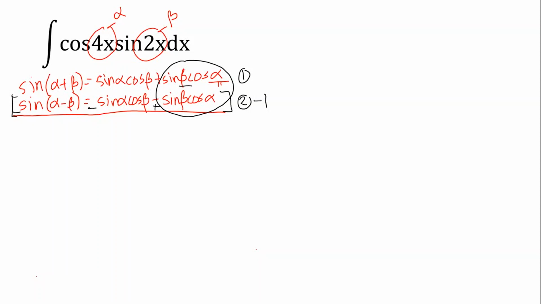So then we can finally add. We can say sine alpha plus beta plus negative sine alpha minus beta, which is the same as sine alpha plus beta minus sine alpha minus beta. That is equal to sine alpha cosine beta plus negative sine alpha cosine beta, which are opposite signs, therefore equal to 0. Since the sine beta cosine alpha terms have the same variable, we can add their coefficients, that is 2.